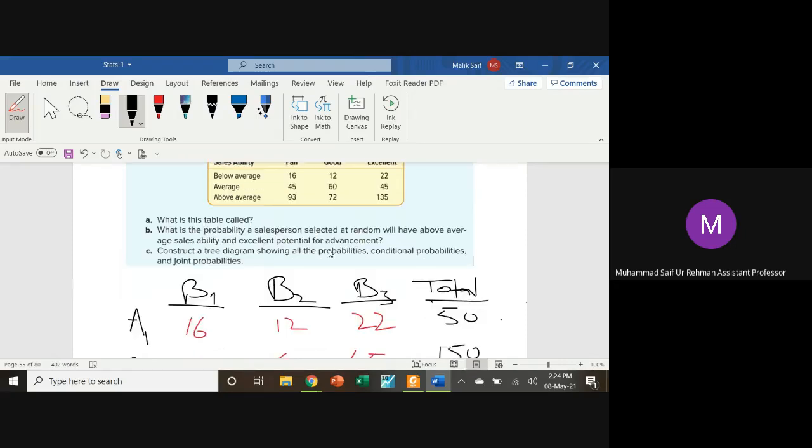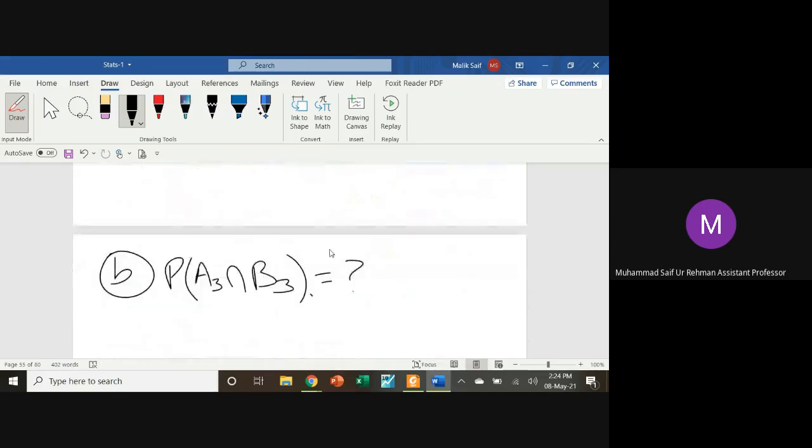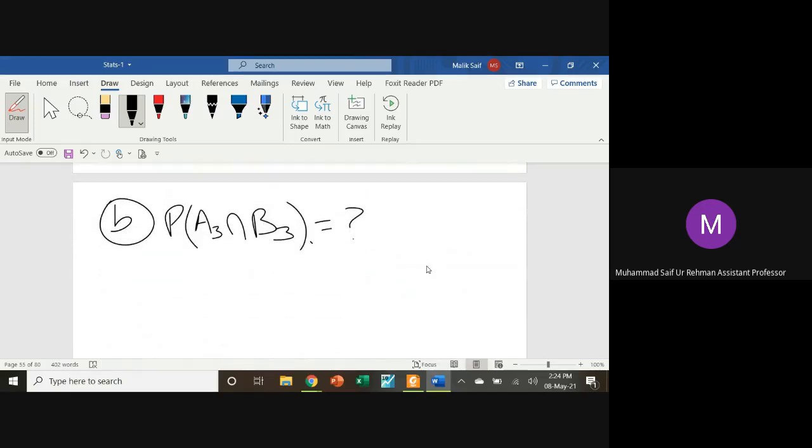So you could write it down using the rules of multiplication that we have studied in statistical theory.